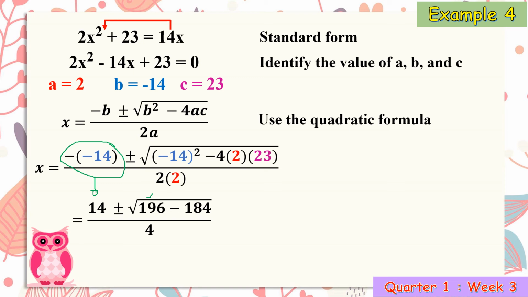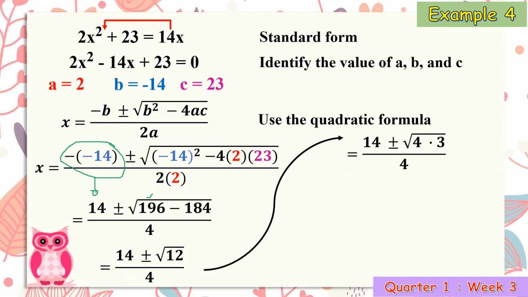Then afterwards, let us simplify what's inside our radical sign. So 196 minus 184 will give us 12. So you got here 14 plus minus square root of 4 times 3 all over 4. Now, why did 12 become 4 times 3?